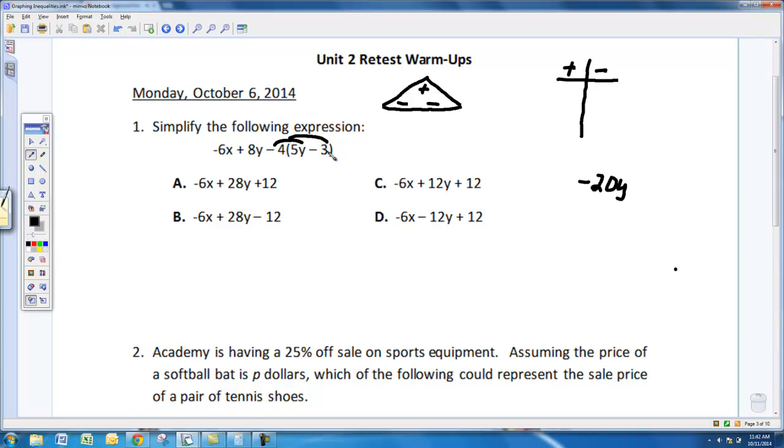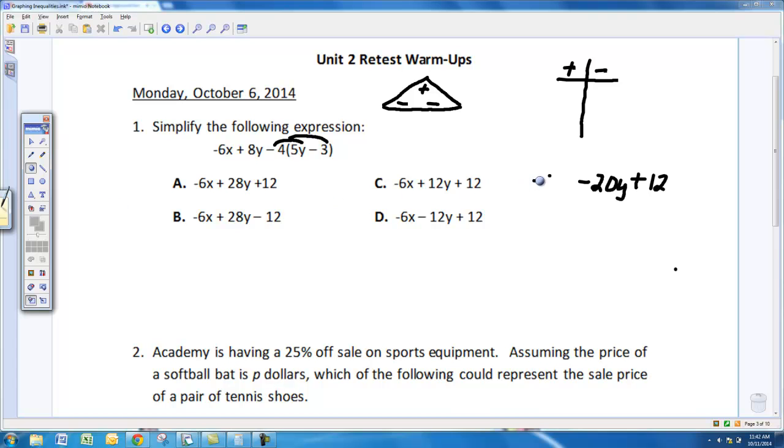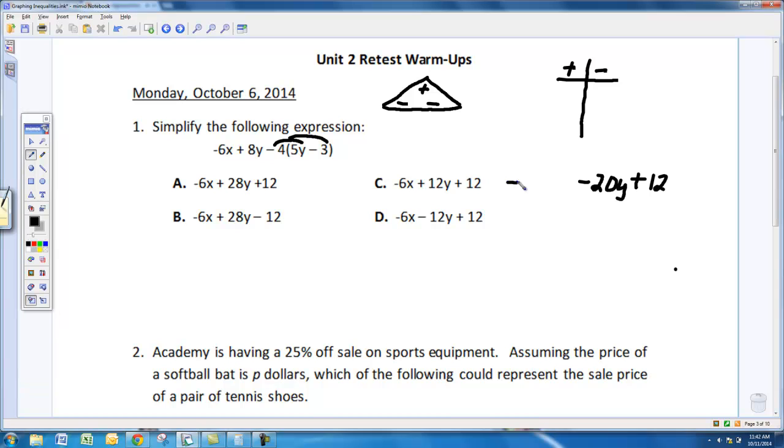Negative 4 times negative 3 is positive 12. A negative times a negative is a positive. Now we need to bring down everything else. So we'll bring down the negative 6x and the 8y.